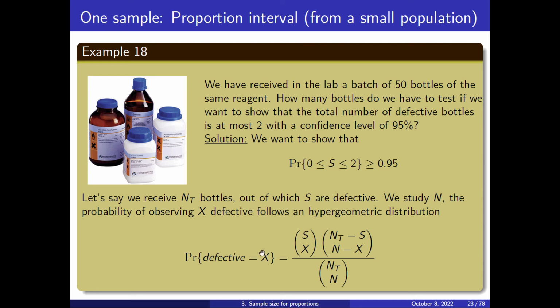This hypergeometric distribution is this one. This is the total number of defective, we observe X, and this is the total number of bottles, out of which NT minus S are the ones that are not defective. So we observe N minus X that are not defective, X that are defective.